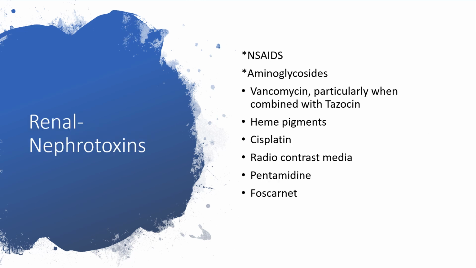Renal causes will include nephrotoxins. And here I have the list of some drugs and certain situations, like NSAIDs, non-steroidal anti-inflammatory drugs. They will decrease renal plasma flow, and that will be due to decreased prostaglandins.